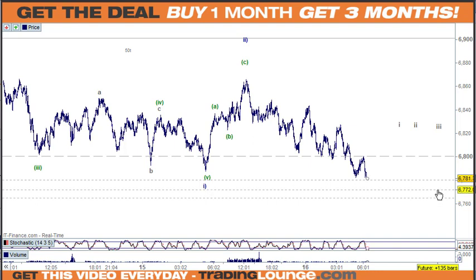So 72 is important, but when you get 772 or 272, it seems to carry more weight for some particular reason. So if that becomes the retested resistance here, then you know that you're going down as well.